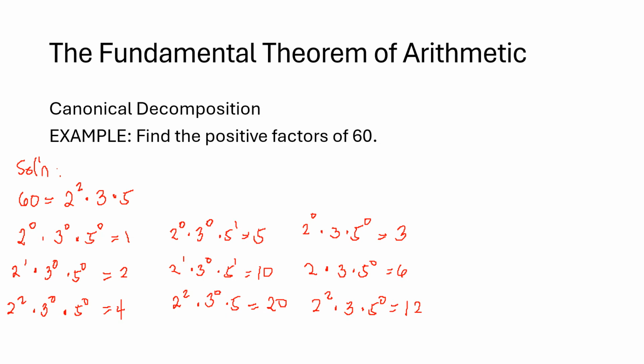Then you have 2 raised to 0 times 3 raised to 1 times 5 raised to 1, which is equal to 15. And then 2 raised to 1 times 3 raised to 1 times 5 raised to 1, which is equal to 30. And then 2 squared times 3 times 5 is equal to 60. Okay. Therefore, 60 has 12 factors.